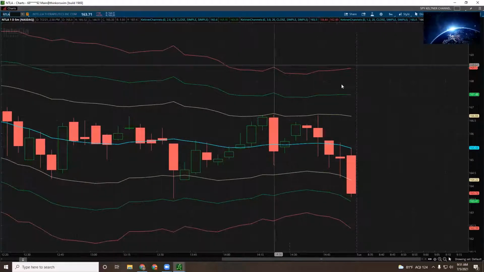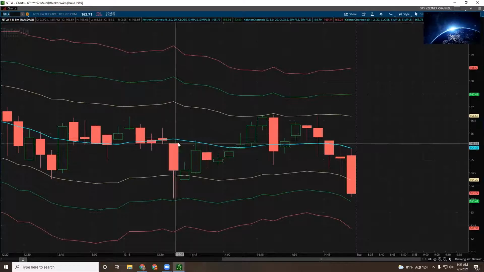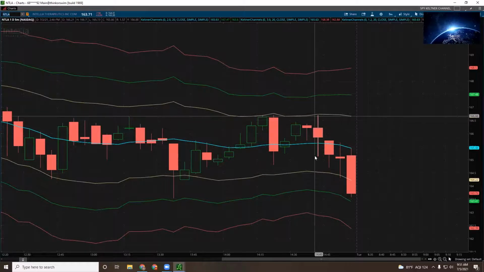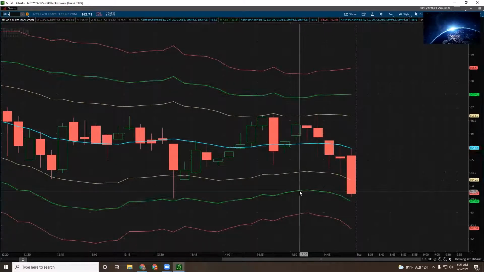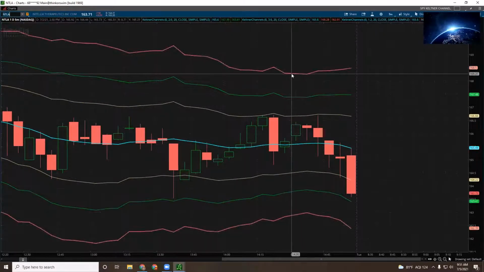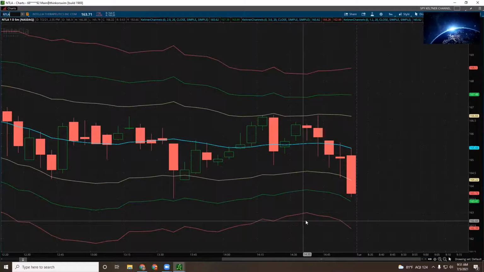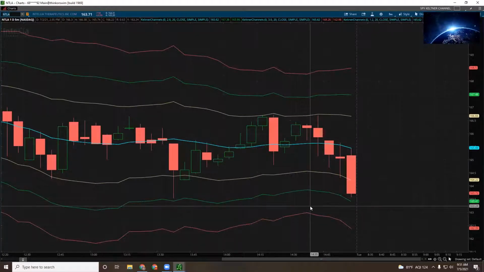I have put NTLA within the Keltner channel, starting with the mean in the middle, and one average true range as the first boundary, two average true range as the second boundary, and three average true range as the third boundary. You already know what average true range is. I might run another video or an episode if people are interested to cover what it is.